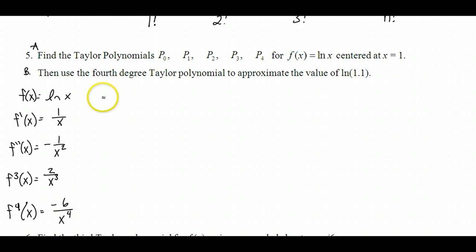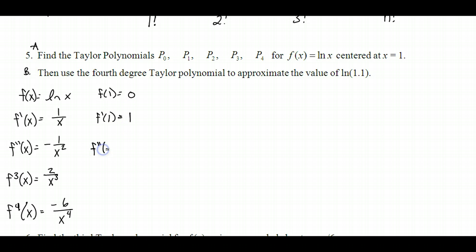Well, now we have to figure out the value of all of these things at where x is equal to 1, so where we're centered. And so that's why you don't skip that original function. Make sure you write that in your step, although in this one, natural log of 1 is just equal to 0. For your first derivative, if I plug in a 1, instead of x, I'm going to get 1 divided by 1, which is 1.